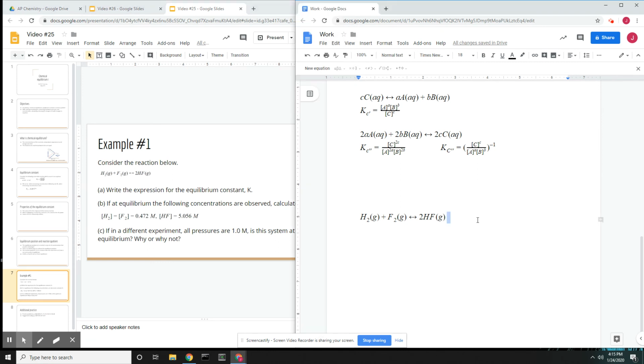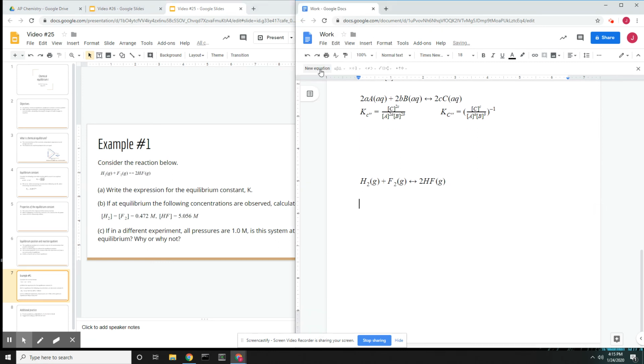Okay, let's work through this. So if it doesn't specify, you could assume it's in terms of concentration, even if you have gases going on. Okay, so the first one's pretty straightforward. And now in part B, they are giving us concentrations, so we're just going to plug in.